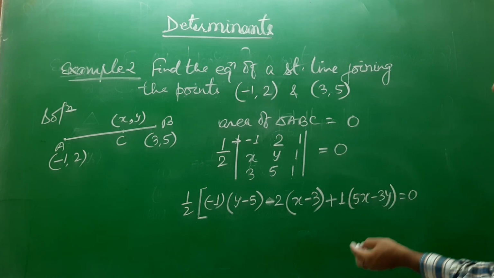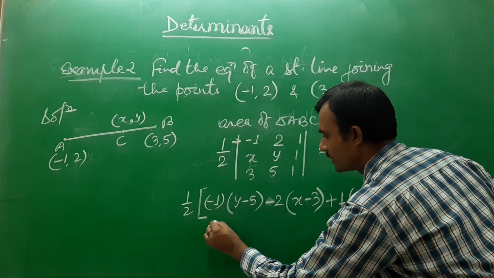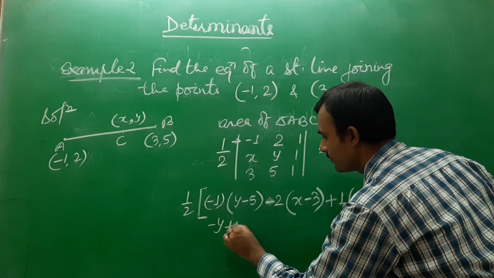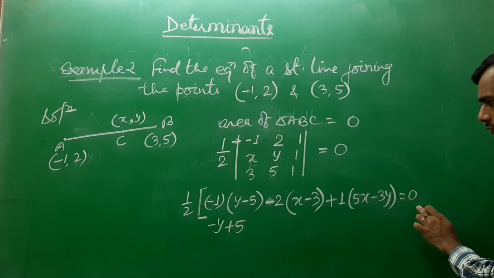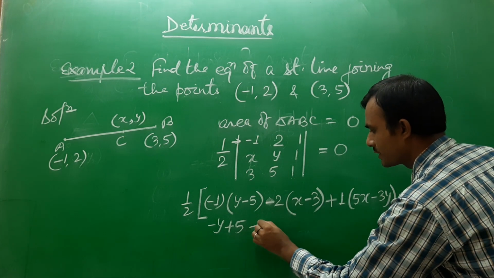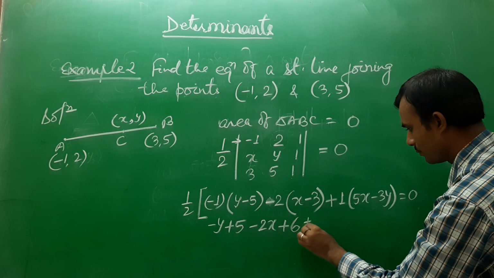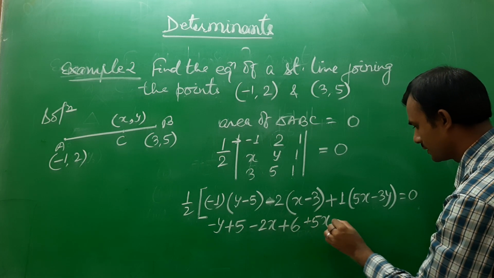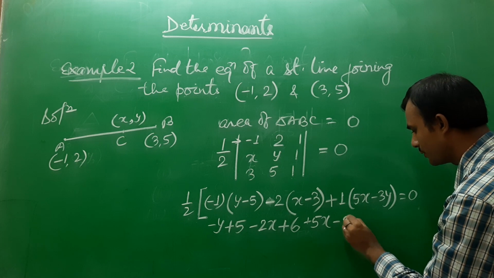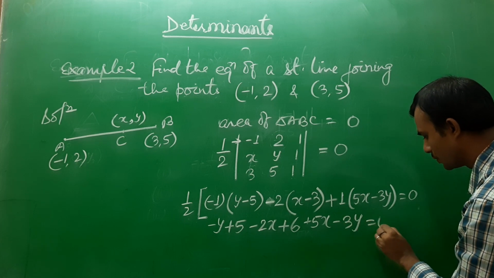Now simplify. Here this is -y + 5, half will be 0 now. Finally -2x + 6 + 5x - 3y equals 0.